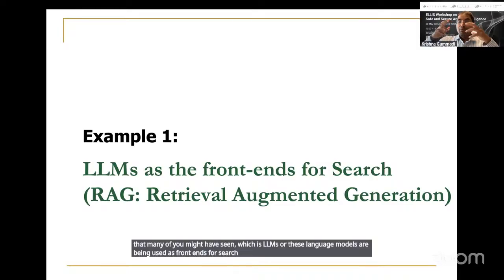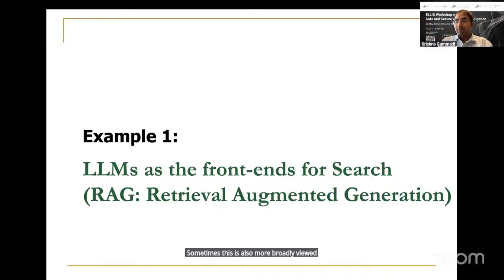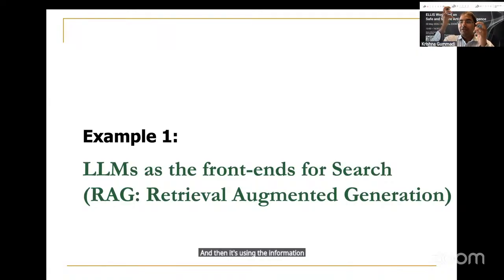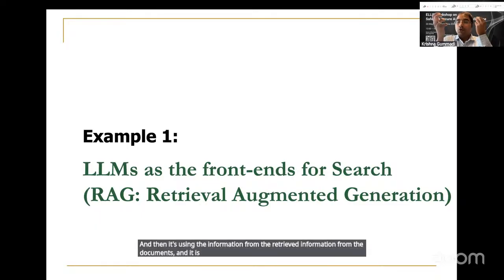Sometimes this is also more broadly viewed as retrieval augmented generation, where the language model is fetching some documents in some database, which might well be the entire web search or the corpus of web documents. And then it is using the information from the retrieved documents and fusing it with its own parametric knowledge, that is the knowledge that is embedded in the neural network, to generate the final response, right?